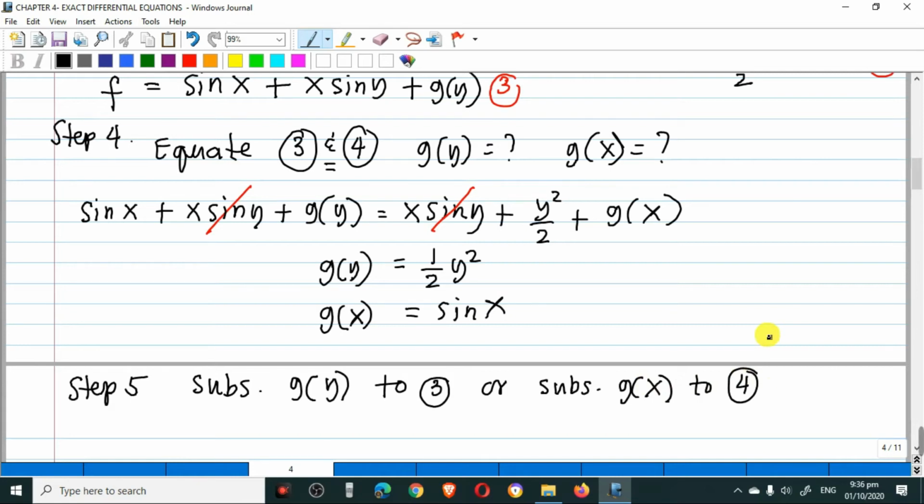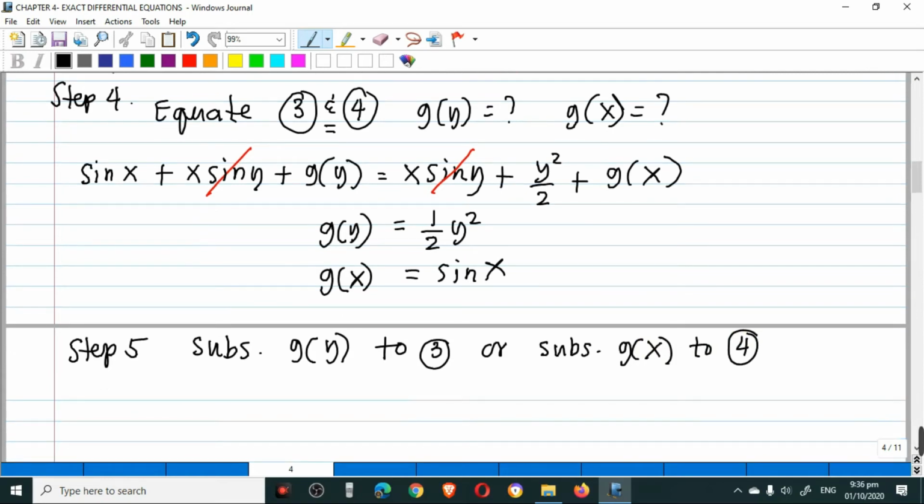After this, makukuha na natin yung general solution ng ating exact differential equation. Then, meron pa tayong nakalimutan isa, yung pinaka-importante, yung f is equals to c, kasi andun yung ating arbitrary constant. Okay? You still recall, kailangan natin gamitin yon. So, dito, ano yung equation number 3 natin?